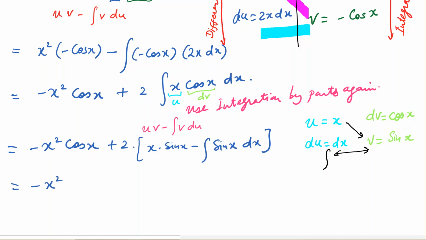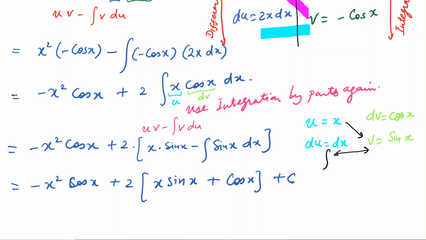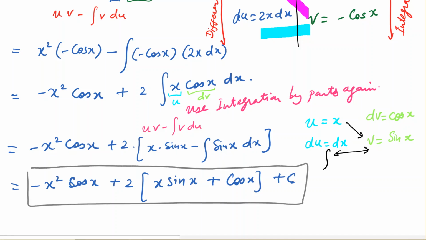So we get negative x squared cosine x plus 2x sine x, and integral of sine is negative cosine, so we get positive cosine x. And of course, in the end, we add a constant of integration. So this is our required solution. Sometimes we need to do integration by parts more than once in order to solve a problem.